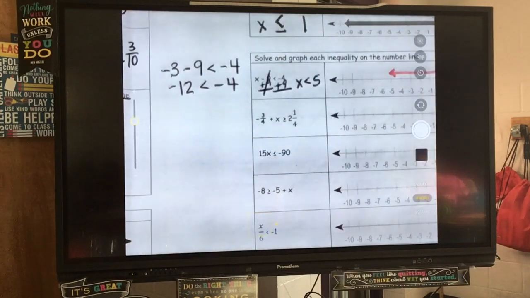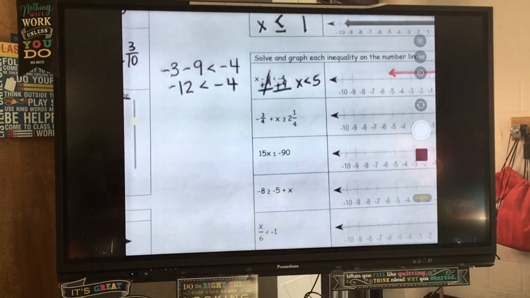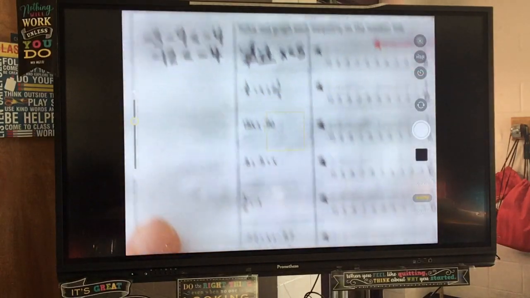Stand up if you think -12 is less than -4. Bryson? -12 is farther from 0 than -4, so therefore we know that it is smaller. Good job.